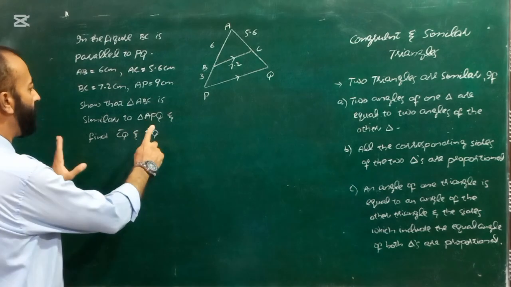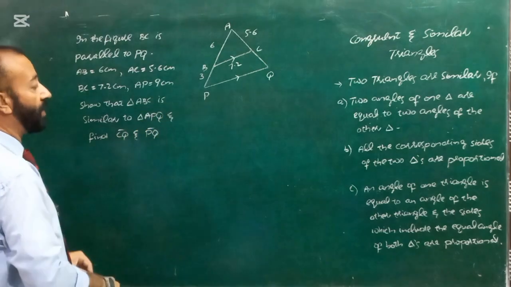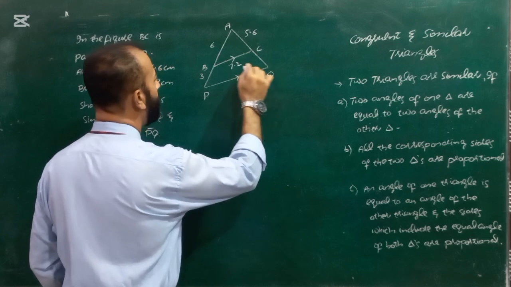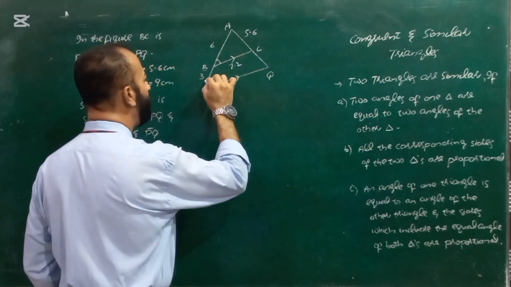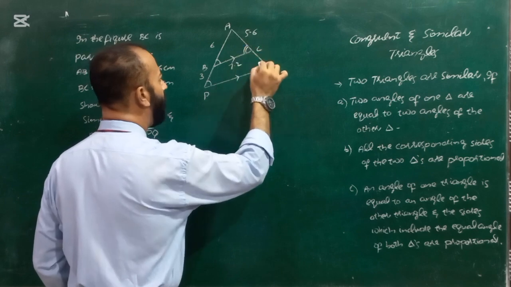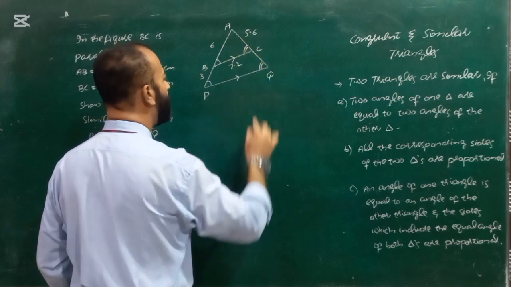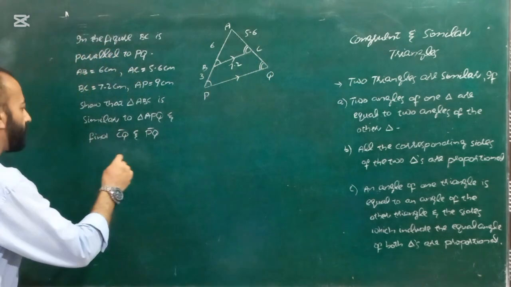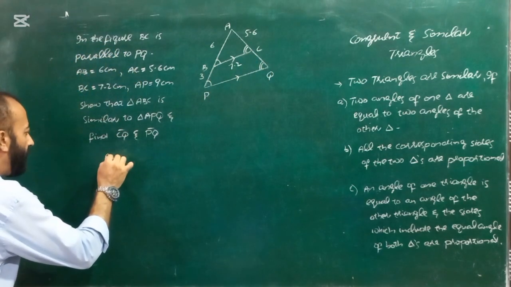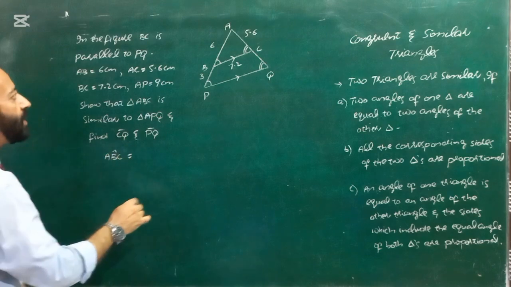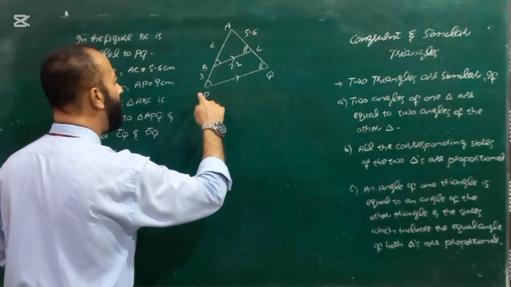Okay, the first thing that we are going to prove, the triangles are similar. So look now, if these two sides are parallel, so it means these two will be corresponding angles. Also, these two will be also corresponding angles. So look now, angle ABC is equal to APQ.